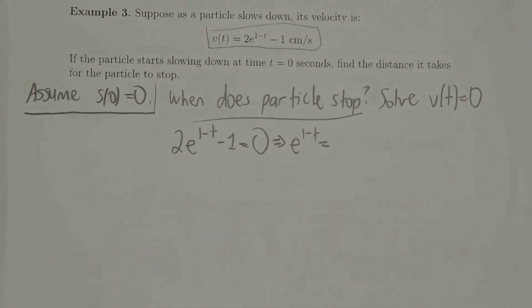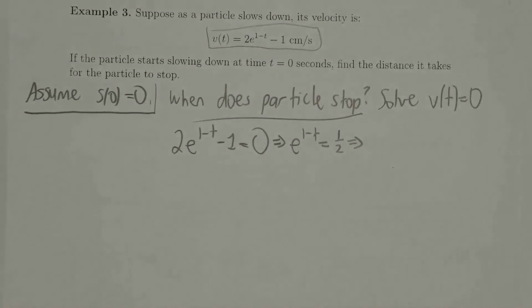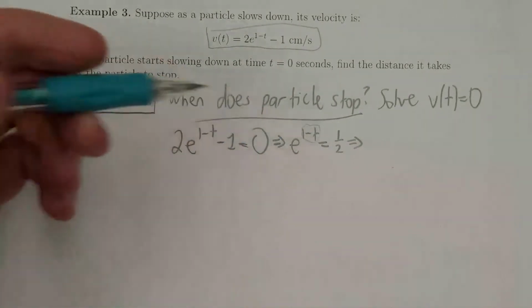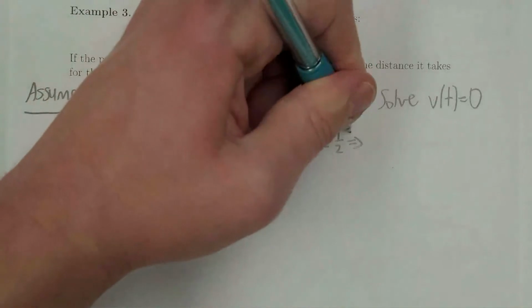Yeah, just 1/2. Now we have e to the 1 minus t here. If we want to get rid of that e, what should we do? Natural log. Good. So natural log both sides.